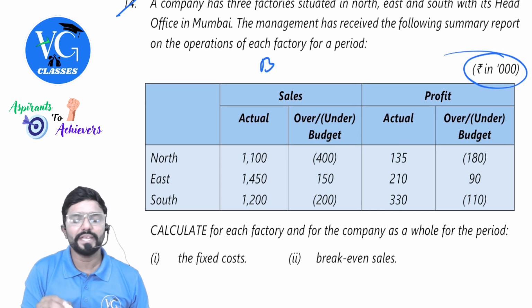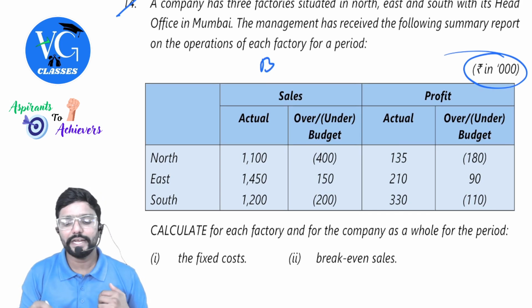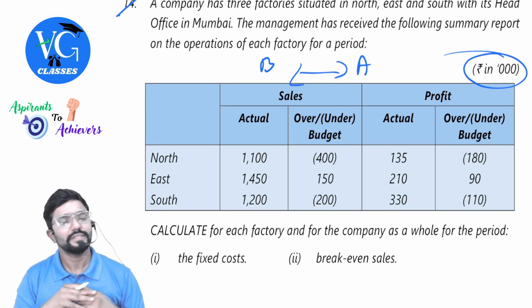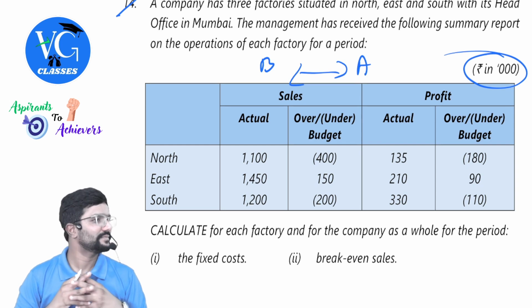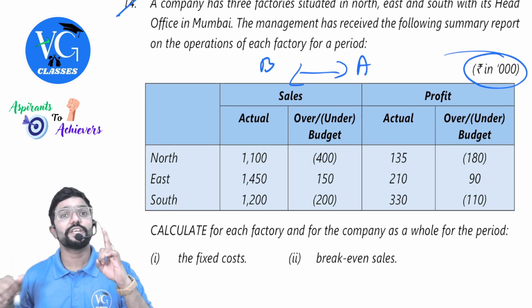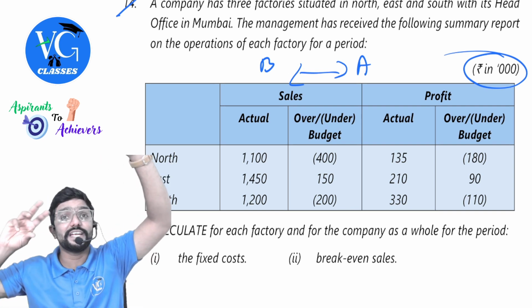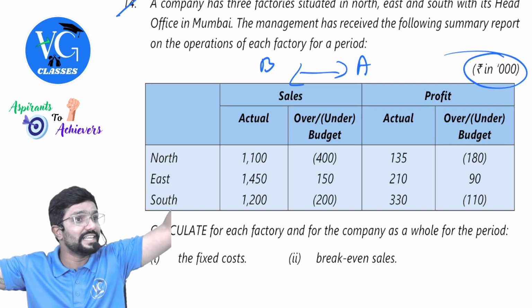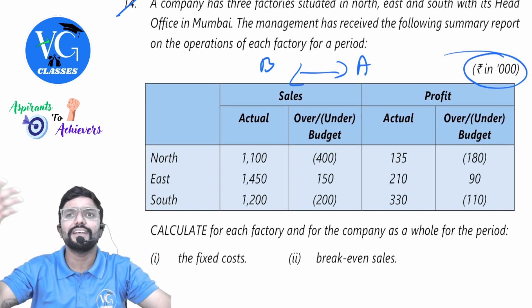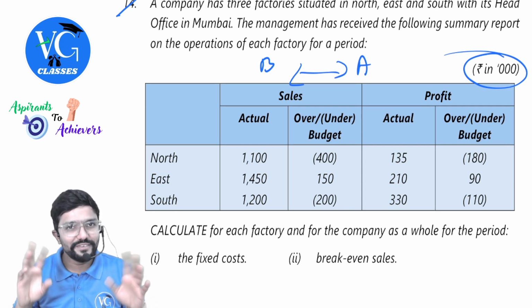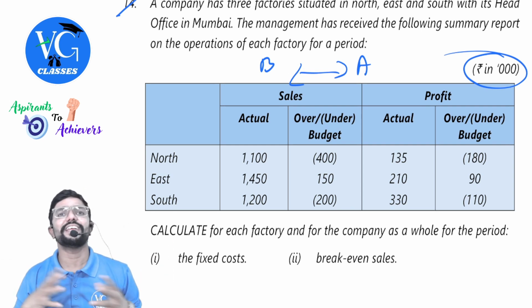See, at the beginning of the year, they would have set a budget. At the end of the year, they get actual. There is a gap between budgeted and actual. That is nothing but over or under. Guys, they used to give two period data, last year data and this year data, and we used to calculate change in profit divided by change in sales. Here, they have given the data at the beginning and at the end.